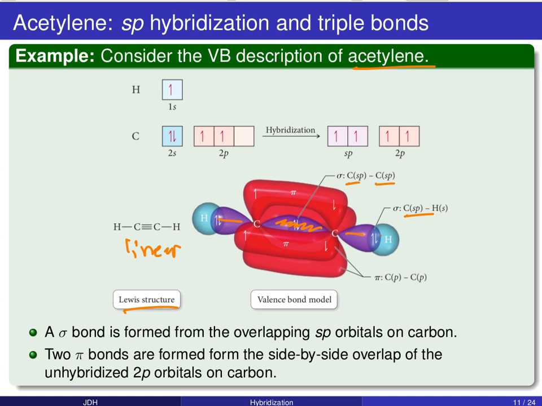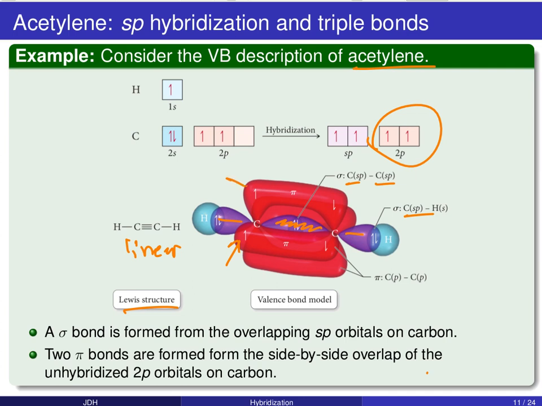And now what's left over on each one of those carbon atoms are two more p orbitals, each one with a single electron. And remember, those p orbitals are located perpendicular to the line in which these sp orbitals lie, and the two different p orbitals are mutually perpendicular to each other.